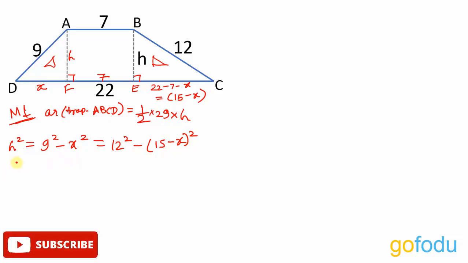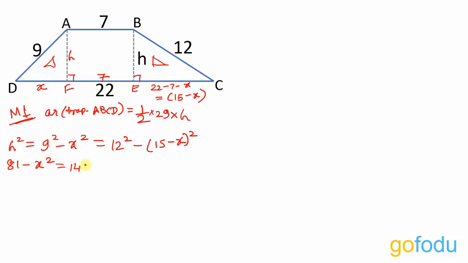Now solve this quadratic and get the value of x. This will be equal to 144 minus 225 plus 30x minus x square, and solving this we get x as 162 upon 30, or 27 upon 5.